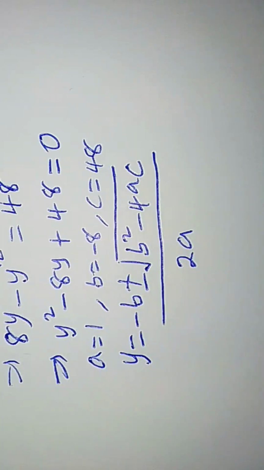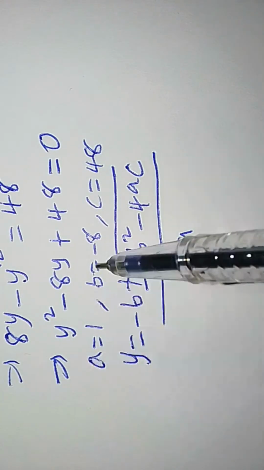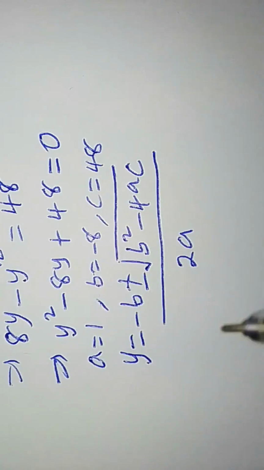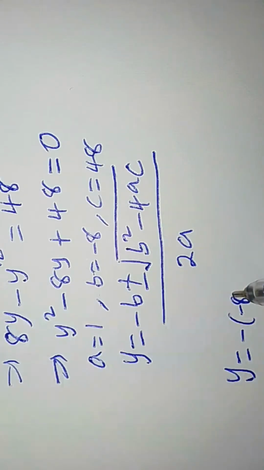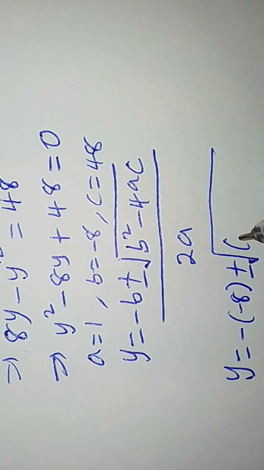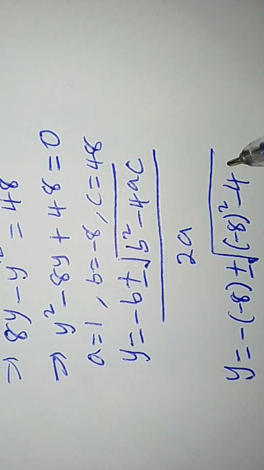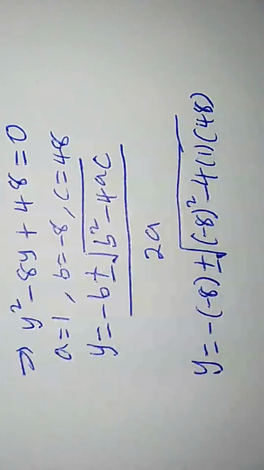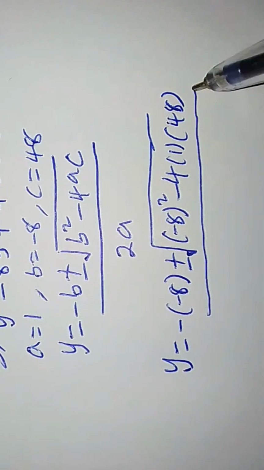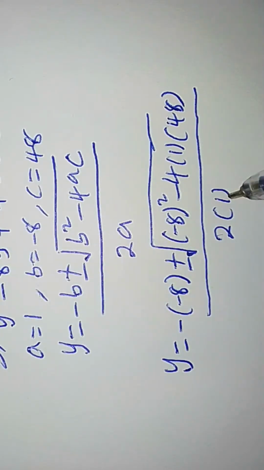The next thing we are going to do is to plug in all these values into this right hand side. So we have y equal to minus into minus 8 plus or minus square root of (minus 8) all squared minus 4 into 1 into 48, divided by 2 into 1.